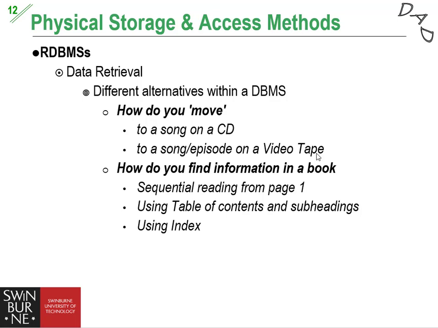Now think about a book. How are you going to find the information in a book? There are some specific ways that you can use. The first method is you can sequentially read from page 1 until you get the required information. The second method is we can refer to the table of contents and the subheadings, and then find out the required page or pages we are looking for.